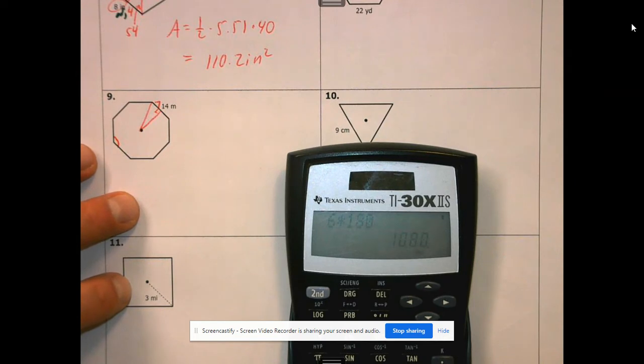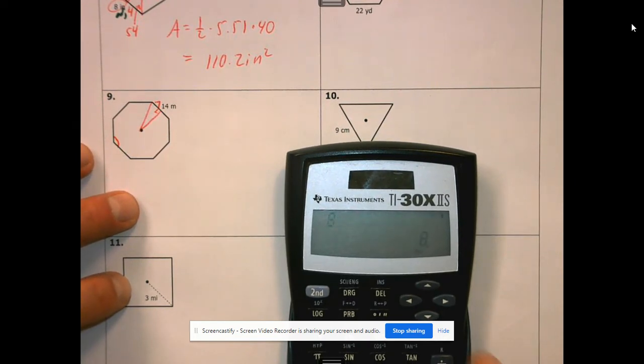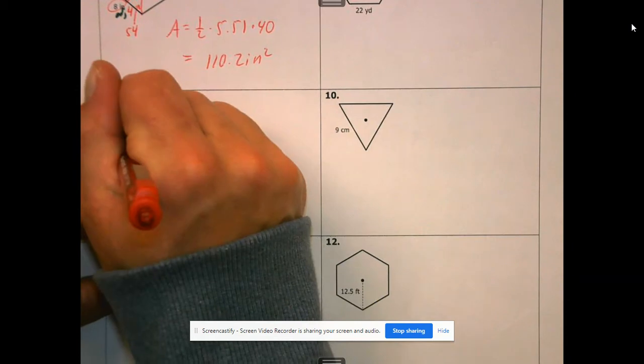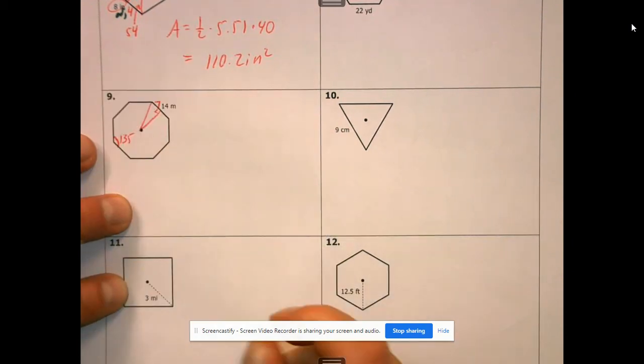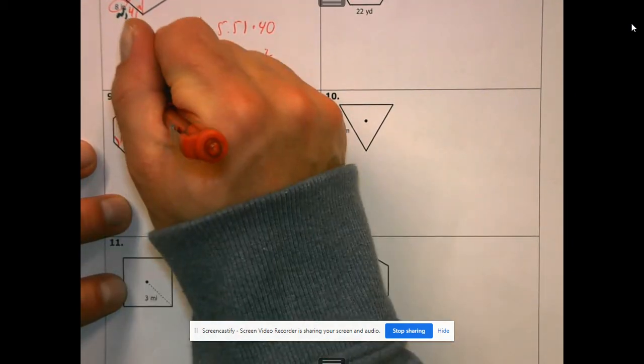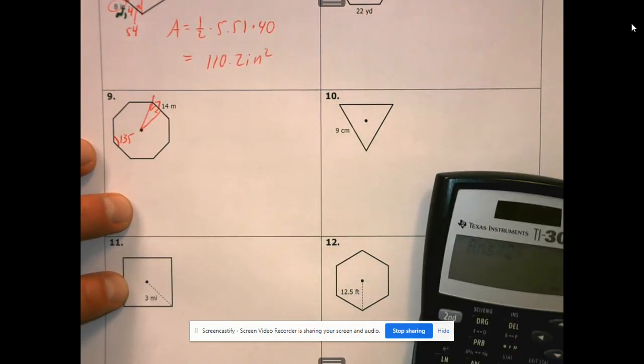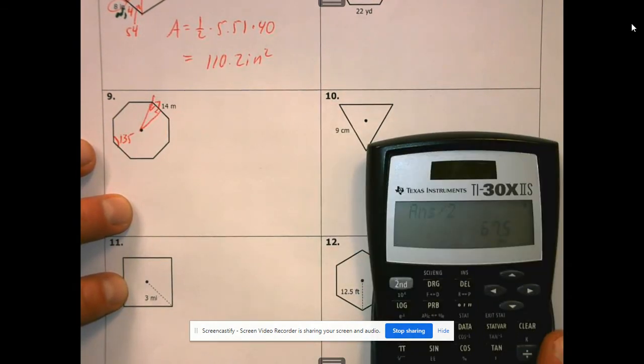Divide that by 8. 135. So one of the inside angles is 135. Cut that in half to get the angle inside the triangle: 67.5.